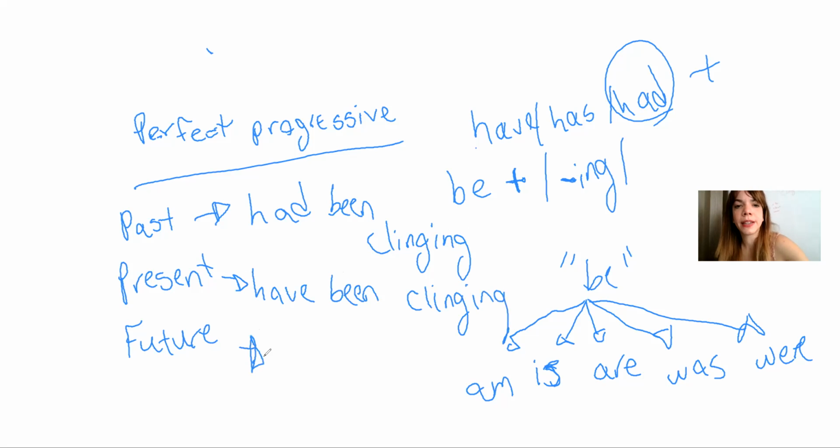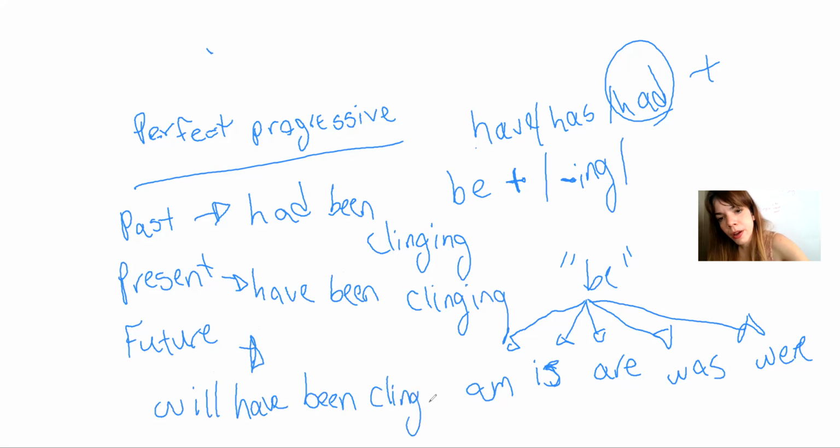Future perfect progressive: I will have been clinging. Phew. All right.